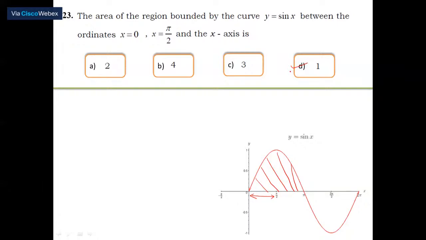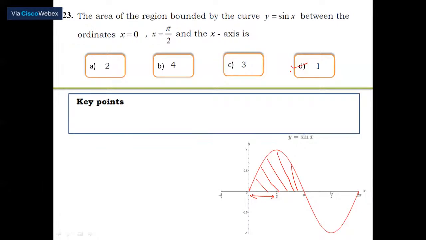So the correct option is D. Our answer is 1. Good, Karthik? Fine. Keep this in your mind. Below sin x or cos x, the area of one complete arc is 2. And when it is asked to find between 0 to pi by 2 or pi by 2 to pi, in that case, it is half of that. So it's equal to 1. Fine. Now let's move on to the next.